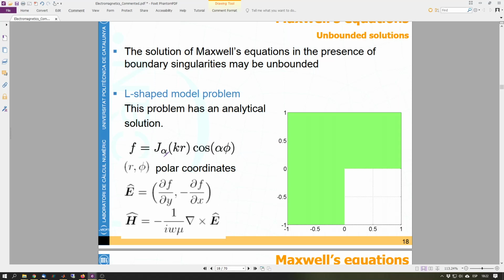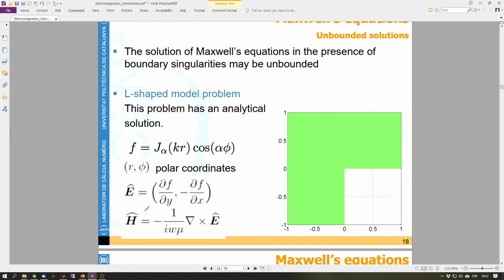When we work with derivatives, our electric field is a derivative of this Bessel function with respect to y and with respect to x, like the rotational of this f function I will have here, and it will be like the normal component of the electric field here. Then the rotational of that field itself will be my magnetic field.